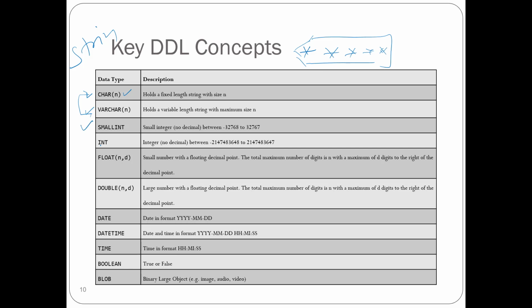Then we have smallint, float, double, and integer. Integer and smallint are for whole numbers. You can look at the range here. Smallint is for smaller integer values, int is for longer integer values. Then we have float and double for fractional values. Then we have date, time, boolean, and blob. It is important you remember these data types.